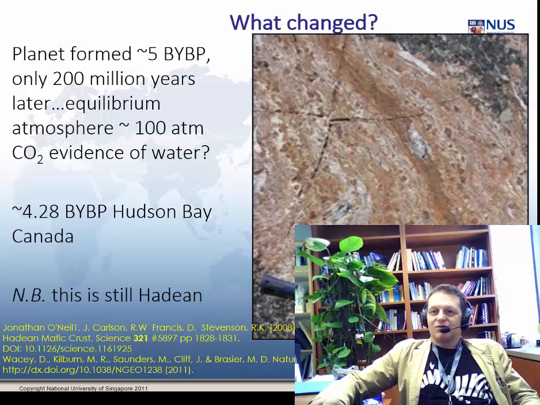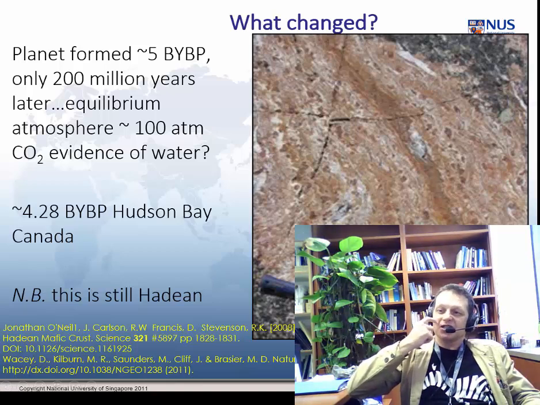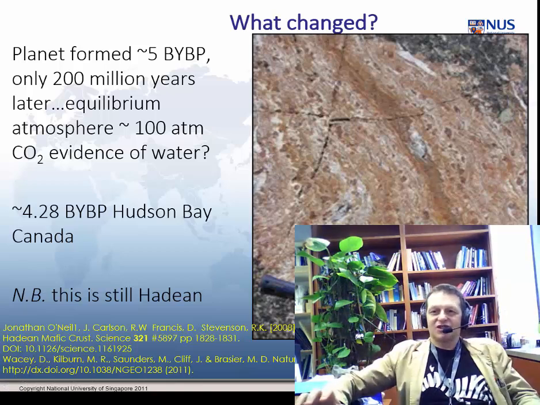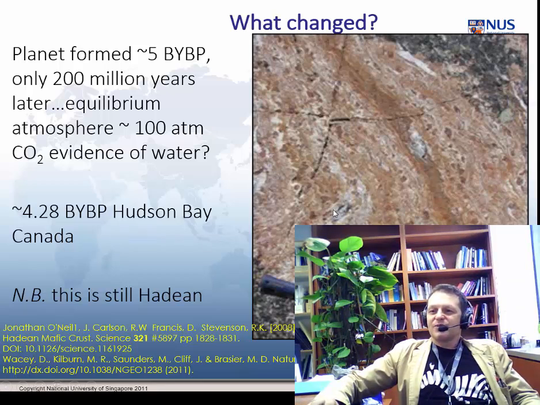Okay, now we're at 4.28 billion years before present, so you're still just about the Hadean. Maybe you might want to call it the Archean, but you're still very, very early in Earth history. This piece of rock is actually from Hudson's Bay in Canada.